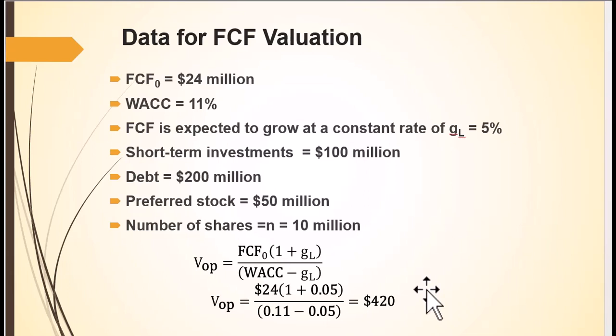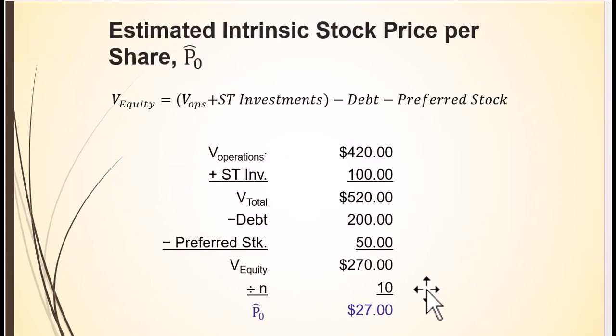So how can we put that in perspective here? How can we find the value of the stock? So the value of equity is the value of operations, right? That's that calculation, plus some short-term investments. Why do we include short-term investments? Because when you buy a company, you receive those assets. So that is essentially cash.